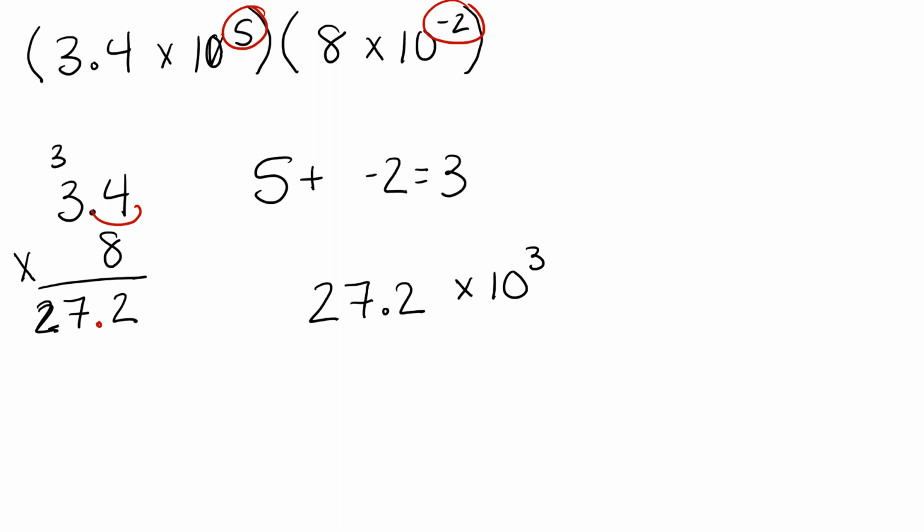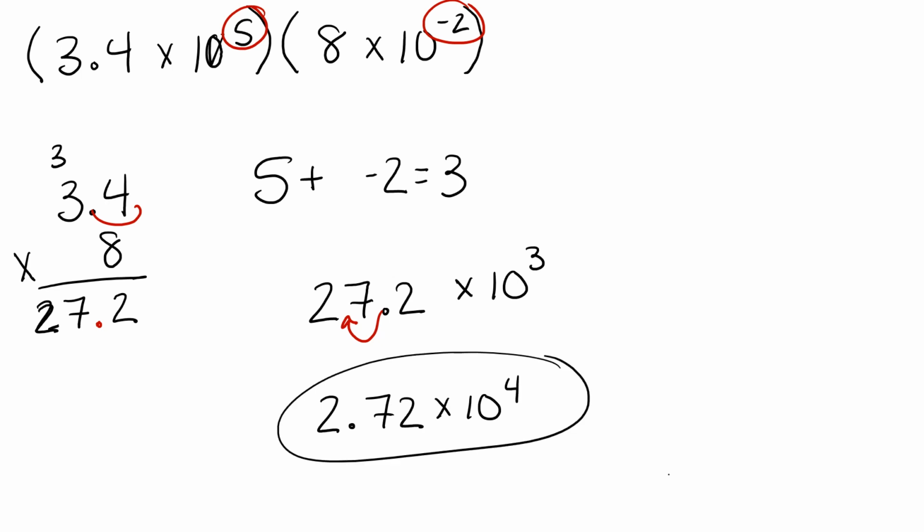However, this answer is not in scientific notation. Remember, we want the decimal point to go towards the front between the first two numbers. We want it to be 2.7. So when we move that decimal point up to make it 2.72, we move the exponent up. 3 goes up to 4. 2.72 times 10 to the 4th.